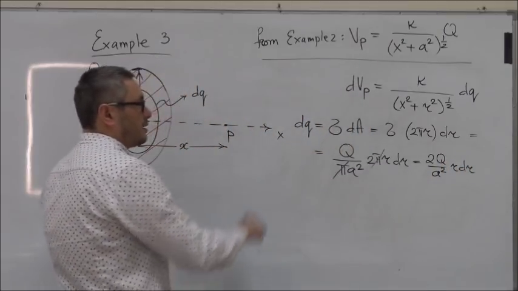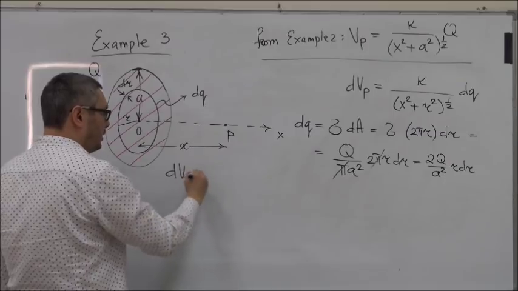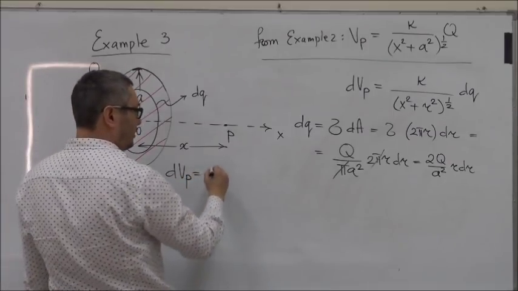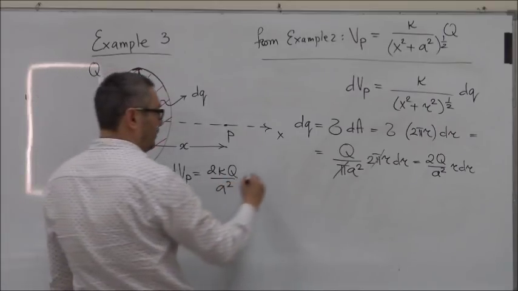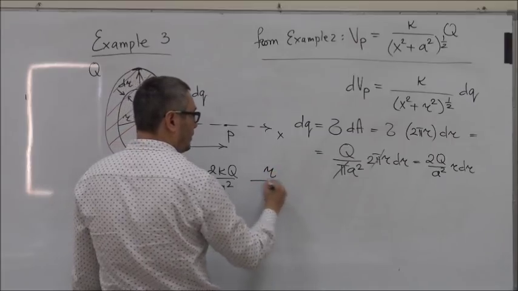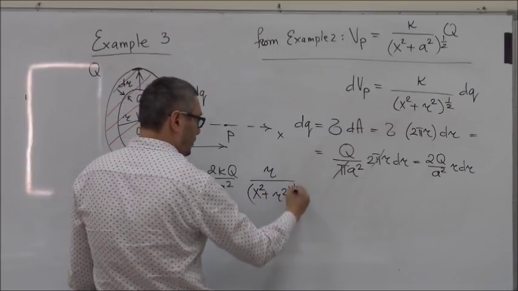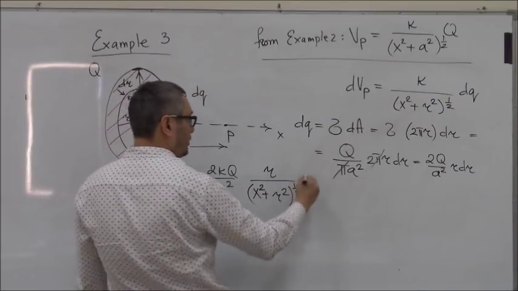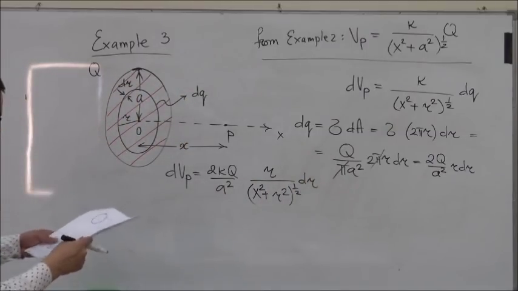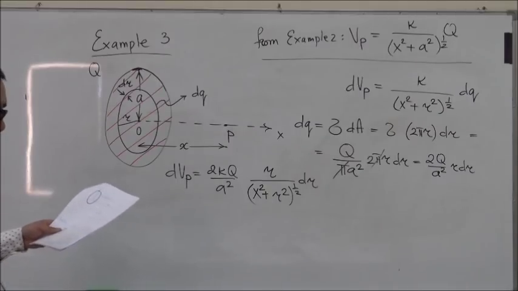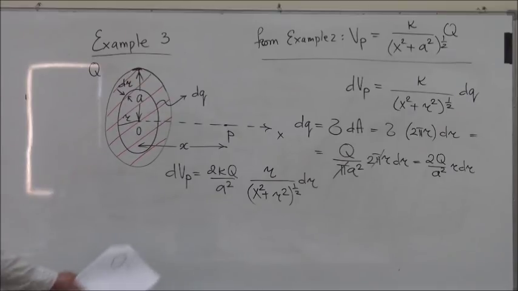So we can now take this dQ and substitute it here. So we get dVp equals 2kQ over a squared, times r over x squared plus r squared to the power 1 over 2, dr. So we get this element of the electric potential, and now the question is, how do we integrate this?